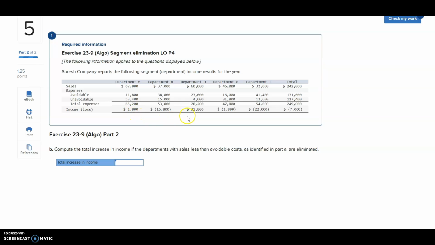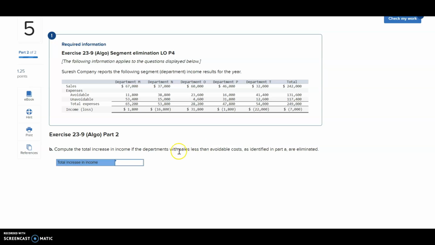So you can combine the income for the departments that you're going to keep and then subtract the unavoidable costs for the segments that you're going to eliminate. And that'll give you your income after you eliminate. Okay? But the question wants the increase in income. So you're going to go from a loss, a negative number, to a positive amount of income, right? That you're going to compute.